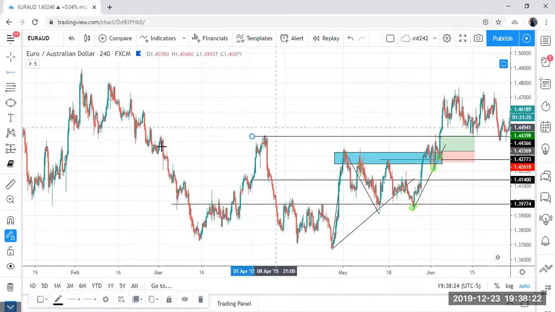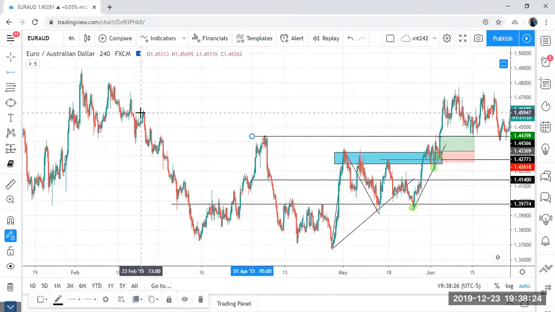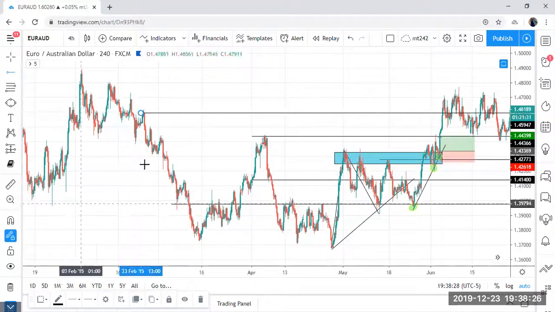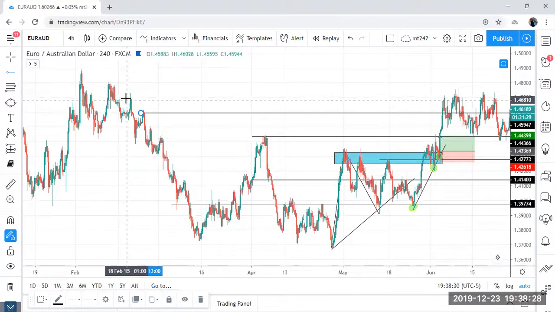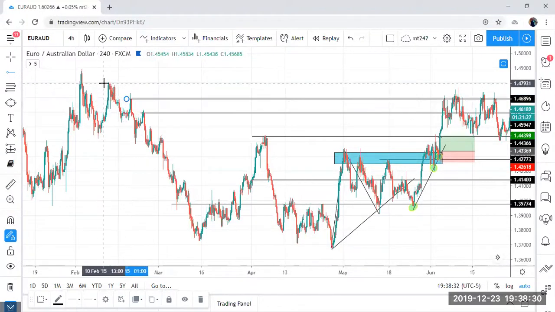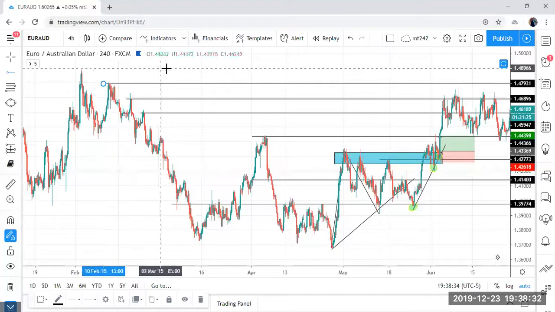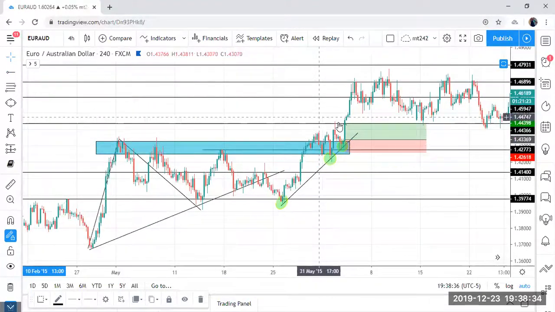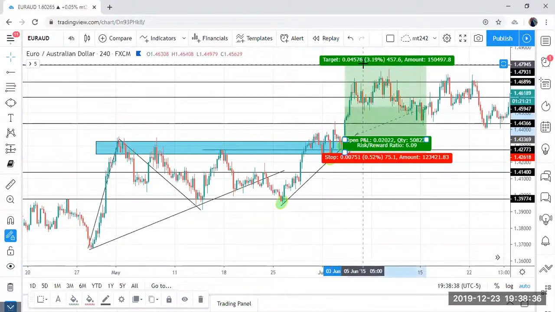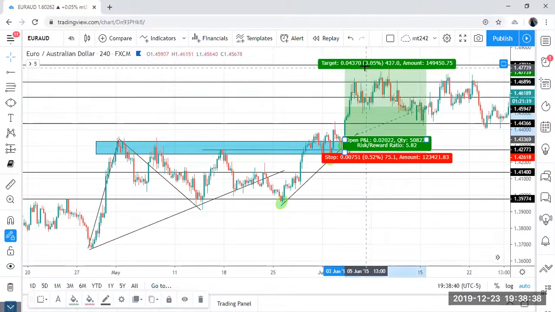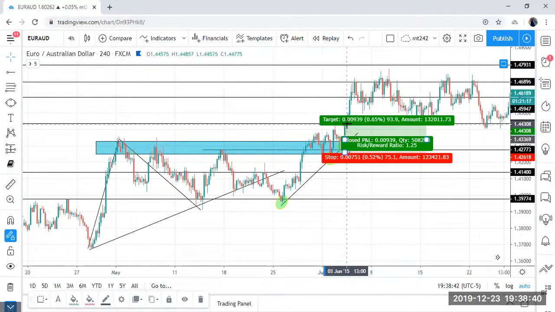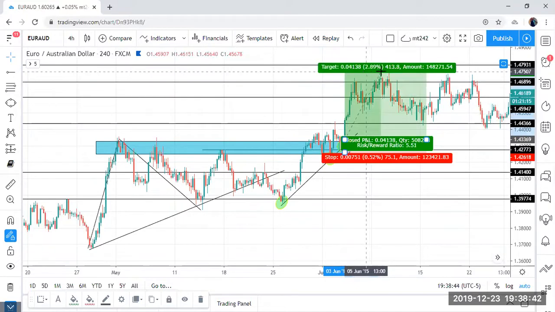There we go. This is our first take profit. That'll be our first place we look to exit. This would be our second. This would be our third. And then we look here for the fourth, right? All these times are opportunities where you could get in the market, make money. Play it safe, get your pips, get out.